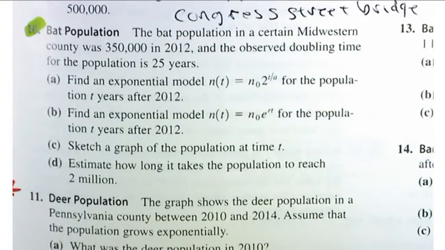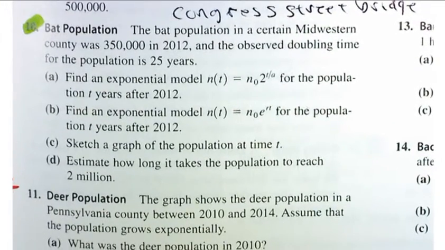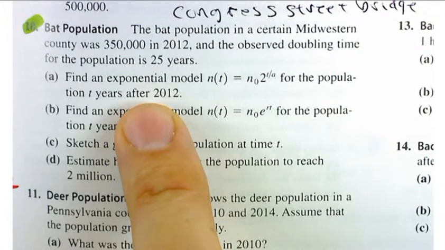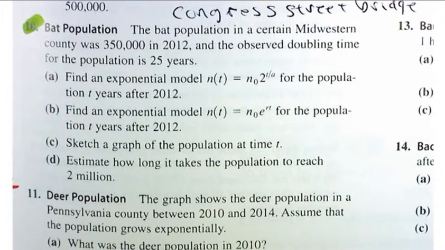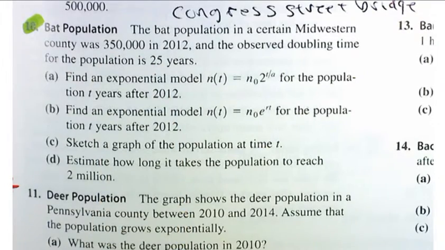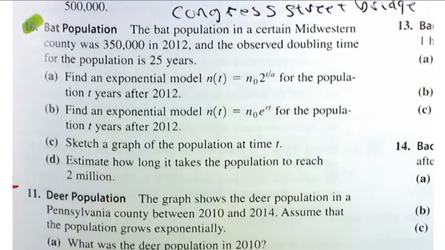We're going to actually find two exponential models. One of the form that we just did with a relative growth rate, and one of the form of a doubling time. So both of them have their advantages, and let's see those. The initial population is 350,000, and the doubling time is 25 years. So the first one shouldn't be too bad. Let's see if we can figure that one out.